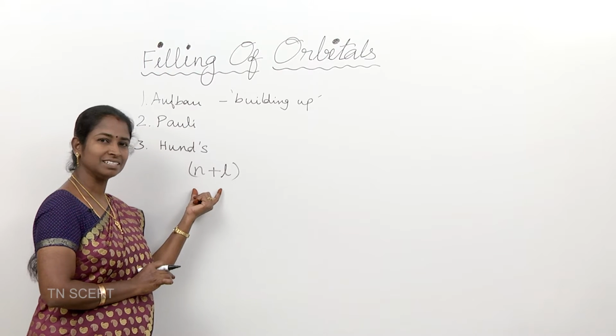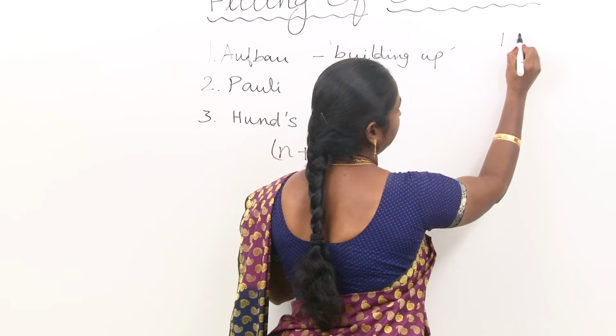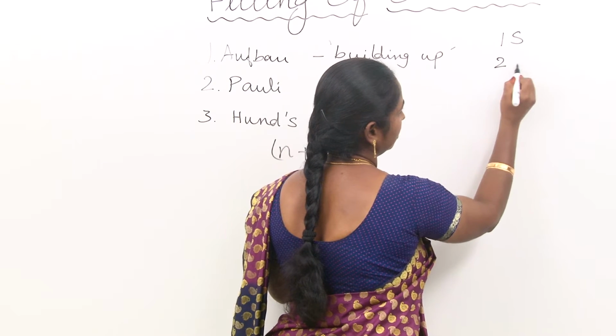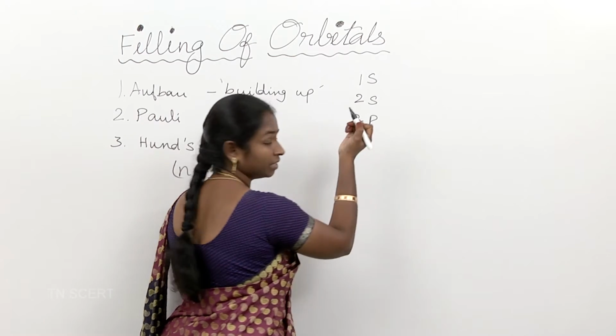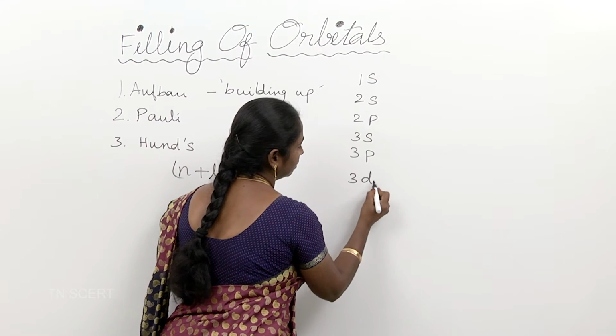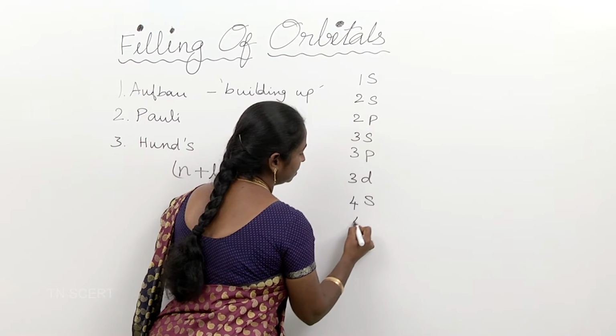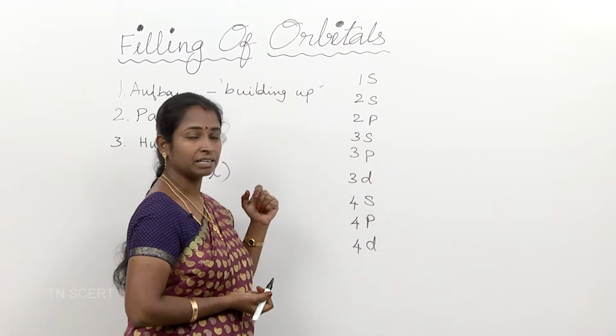Let us discuss this with some orbitals. Take 1s orbital, 2s orbital, 2p, 3s, 3p, 3d, 4s, 4p, and 4d orbitals.